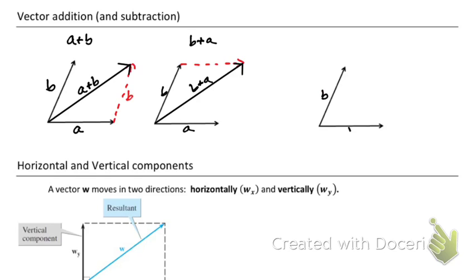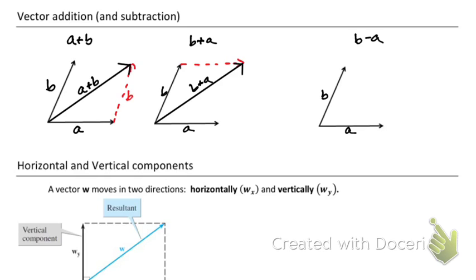So if this is B and this is A, we're going to do B minus A. Here's where that negative becomes important. Negative means this length is going to stay the same, but it's going to go the opposite direction. So if A goes that direction, negative A is going to go the other direction.